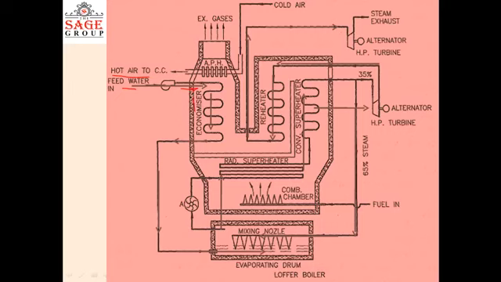Then after passing through the economizer, it will move following this passage, and then it will come to the evaporating drum here. So water will come here, then it will be heated.